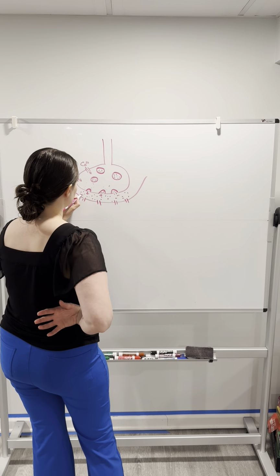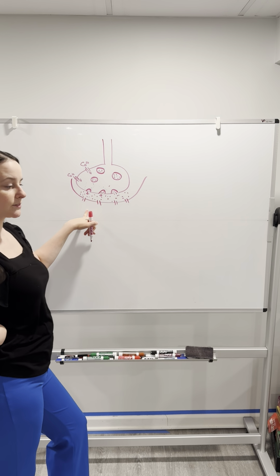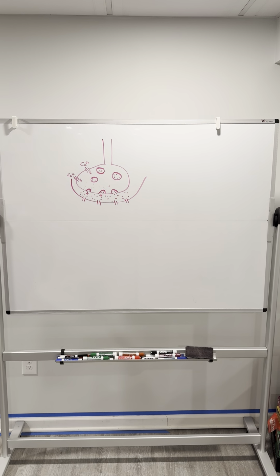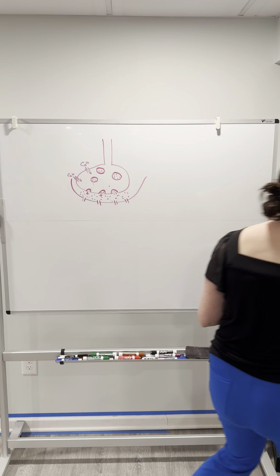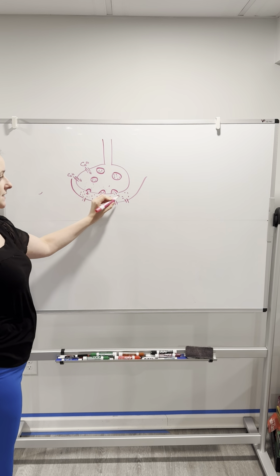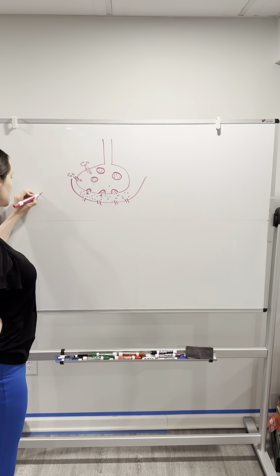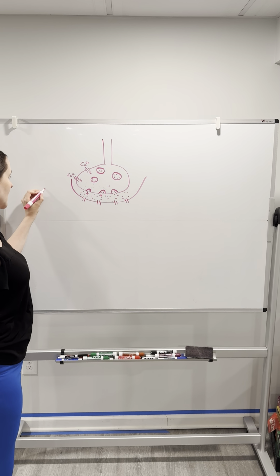The neurotransmitter binds and opens up these channels, and that creates a graded potential, so ions can enter in. If this is an excitatory neurotransmitter, it causes us to go toward our -55 threshold. If it's inhibitory, it would cause us to go back down toward our resting membrane potential. So the signal is sent, basically.